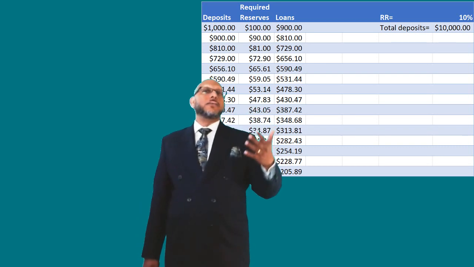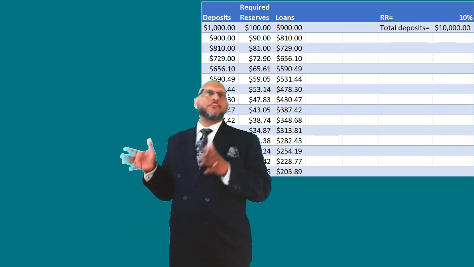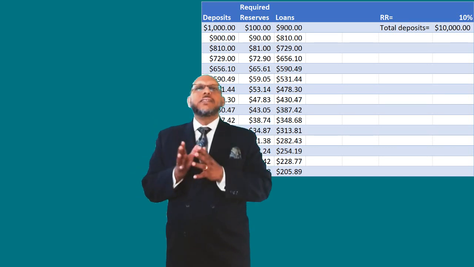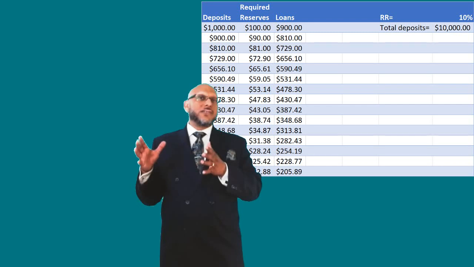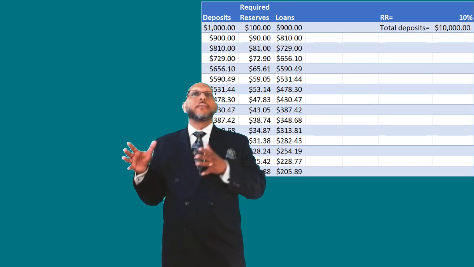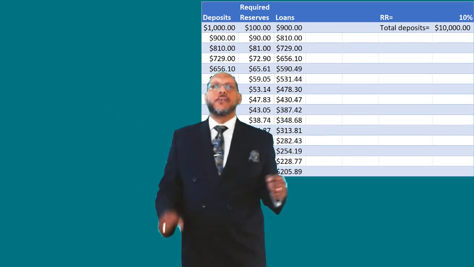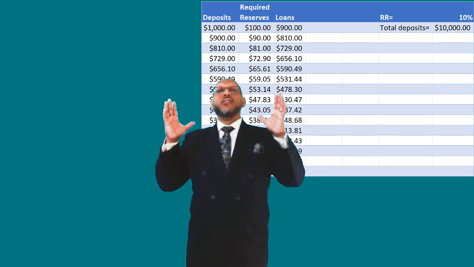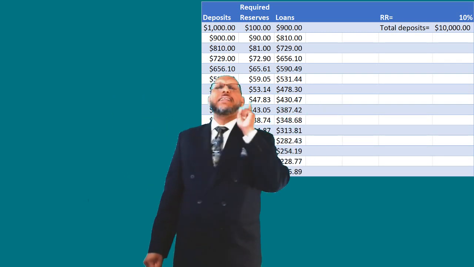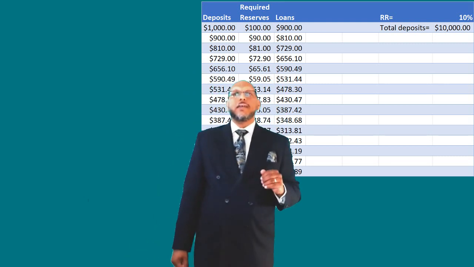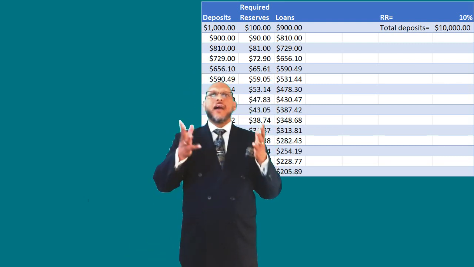So we multiply that $1,000 by 10, and the money supply has grown with that $1,000 deposit and a required reserve of 10% to $10,000. You see that by reducing the required reserve, we've increased the money supply 10 times. And that's called the required reserve money multiplier.